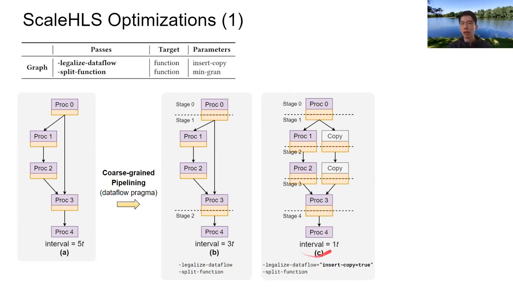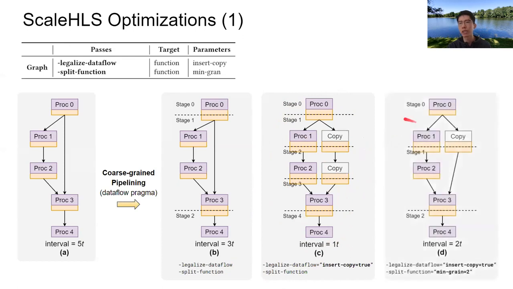And on top of this graph, we observe that actually we have a design space here at the graph level, because we can merge the adjacent pipeline stages into one to trade off between the throughput and the area. For example, here, we merge the adjacent pipeline stages into one.